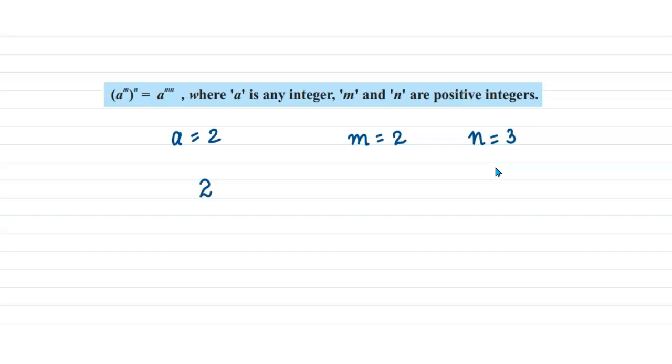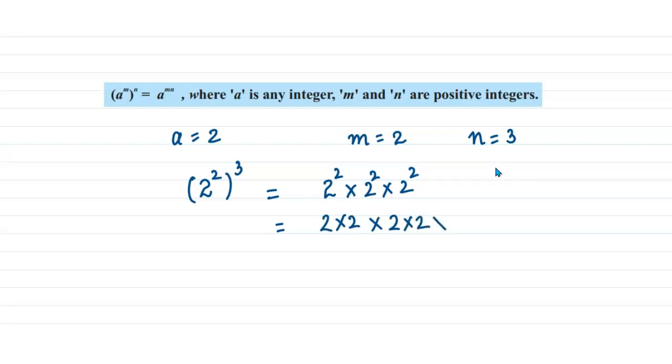So our expression will be 2 raised to power 2 the whole raised to power 3. So what does it mean? It means we have 3 copies of 2 raised to power 2. And now if I expand each exponent, how many copies of 2 do I get?